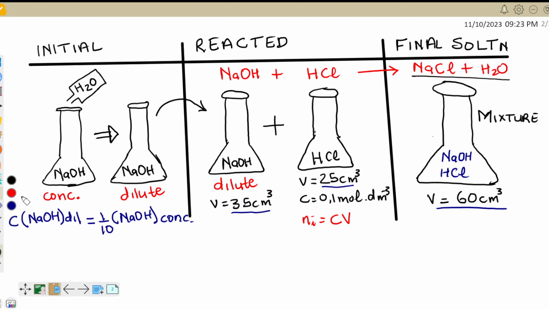Let us put the number of moles here. That's the number of moles for the hydrochloric acid, 2.5 times 10 to the power negative 3. So this is the initial number of moles of the hydrochloric acid. Now if you look at the ratio between the acid and the base, you can see the ratio is 1:1, which means that the number of moles of this base is also 2.5 times 10 to the power negative 3.